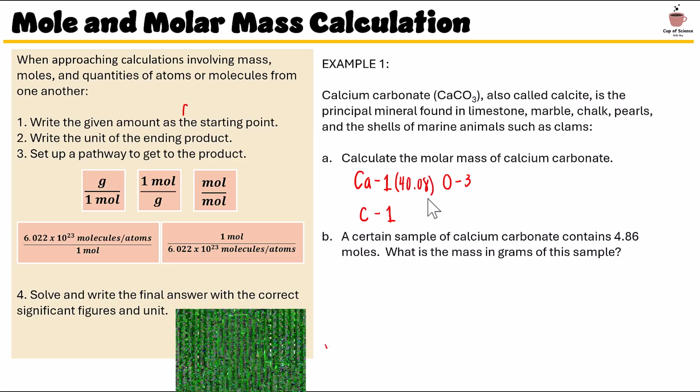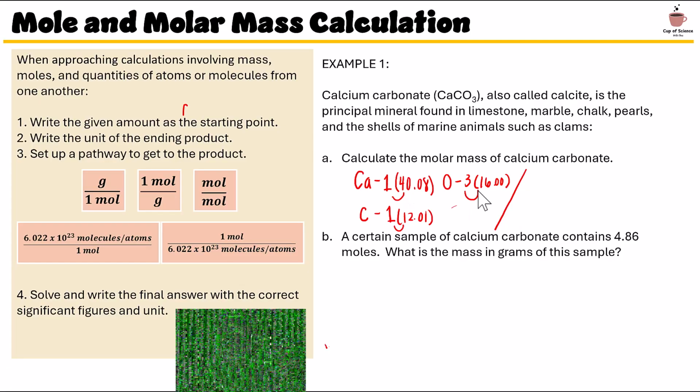I'm going to multiply all of these out individually, and then add them up to get the molar mass. So multiply these two, multiply these two, multiply these two, and then add all of the values together.